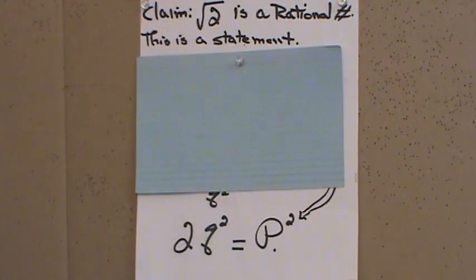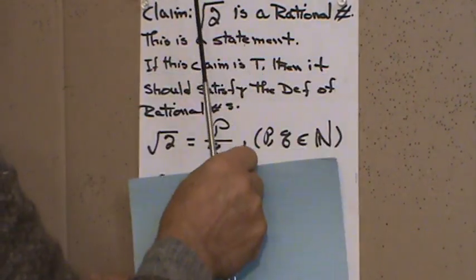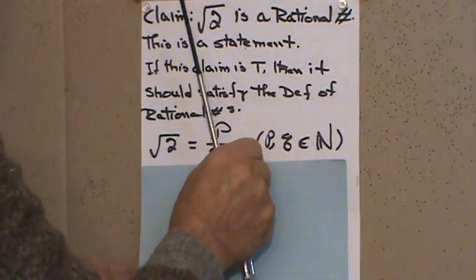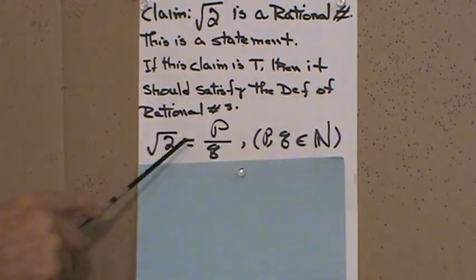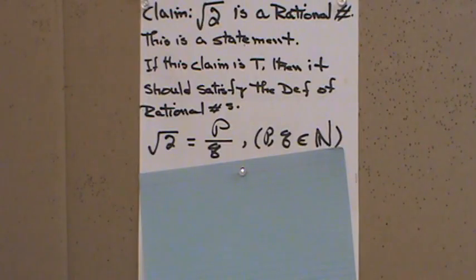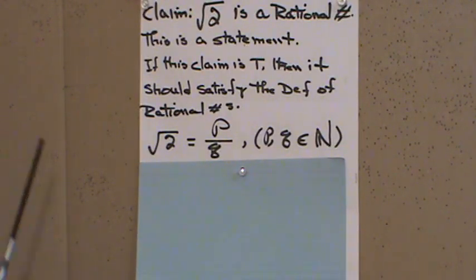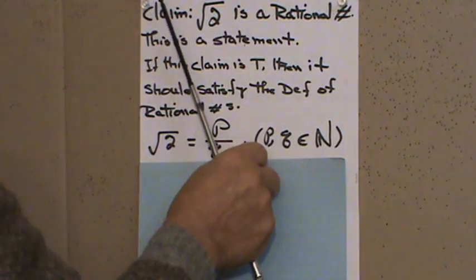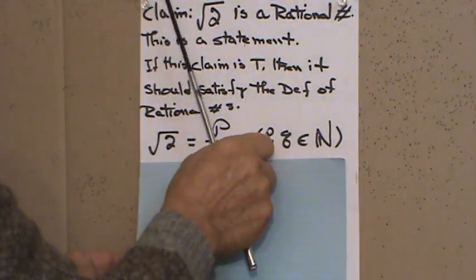If this is a rational number, we must be able to find such a p and q. So I have written this in Word if you want to look at it. So we are looking for such a p and q so that they can represent the square root of 2. Now the rest is a very simple equivalent algebraic equation that we formed.